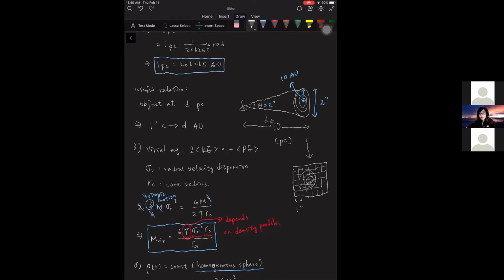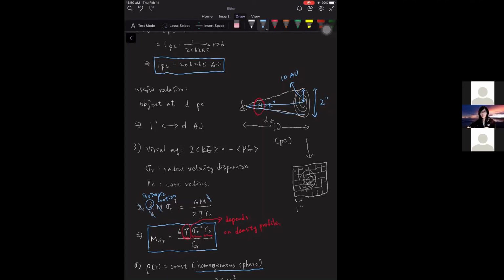So the angle is the angle of the diameter, not the radius. It's the angle of the whole object, right? If you draw a triangle from here to here, then the angle would be 1 arcsecond, and that corresponds to the radius.